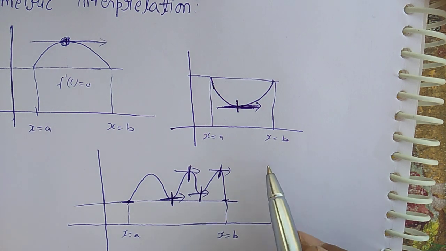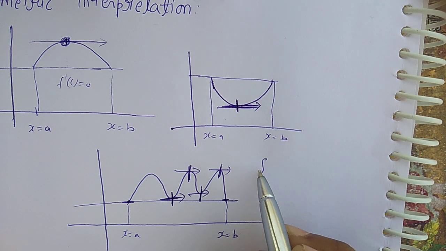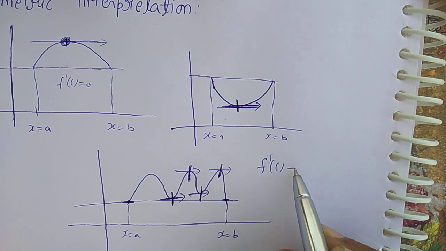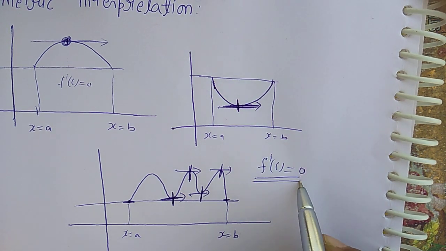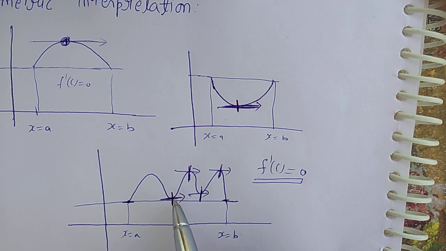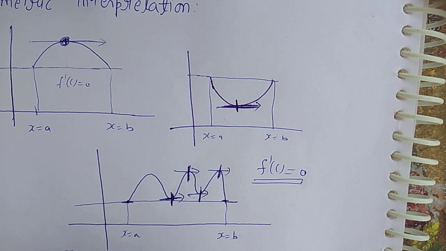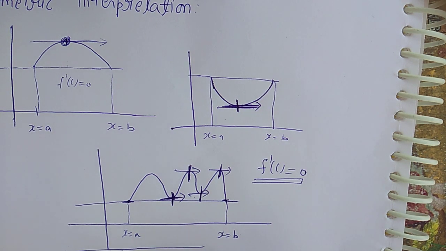So your c will be 4 c's here, where derivative will be 0, f dash c equal to 0. In the statement we have at least one c belongs to open interval a b. It means we can have more than one c also. So here we can have 1, 2, 3, 4 c where derivative is 0. So this was the geometric interpretation of Rolle's theorem.